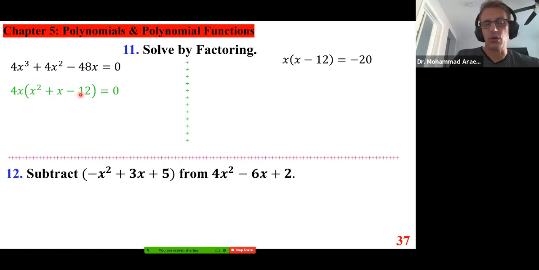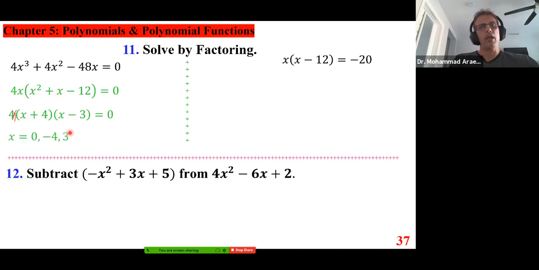The sum is +1. This is 4x. Don't forget the x is here. Therefore, x is 0 because of this, -4 because of this, +3 because of this. And you're done.